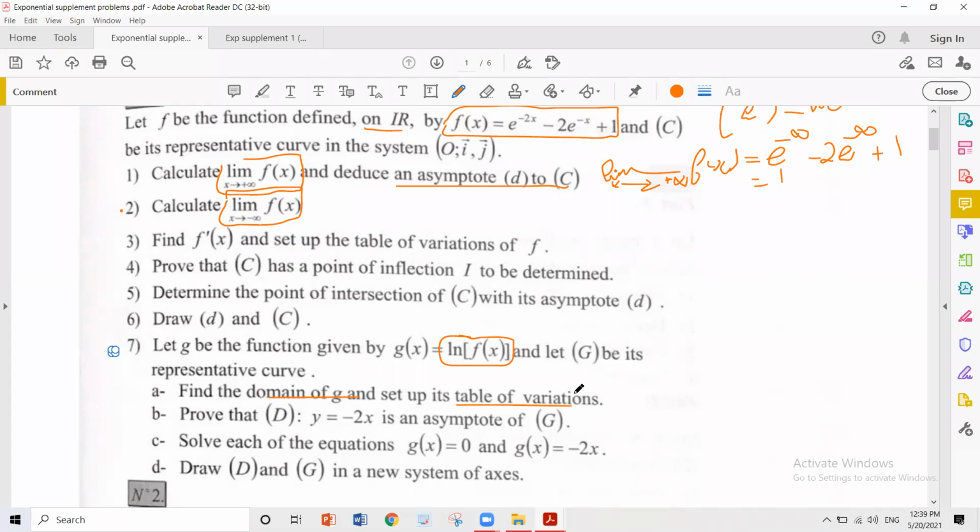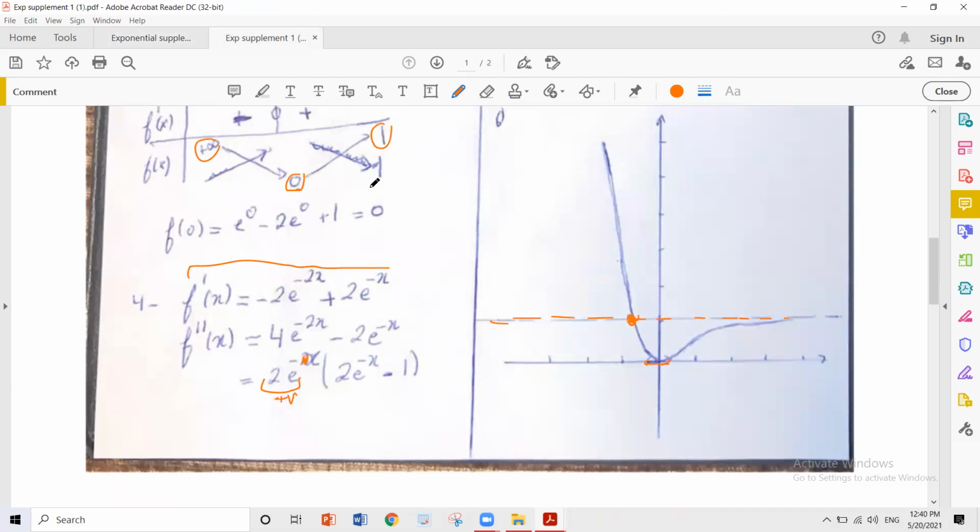For the domain of a ln function, we take f of x positive. We can look at the graph to see when f of x is positive: from minus infinity to 0, union 0 to plus infinity.